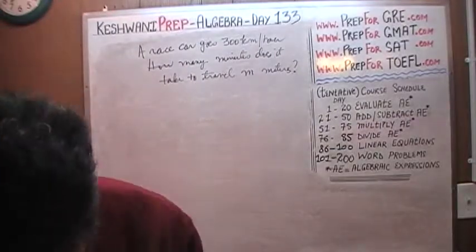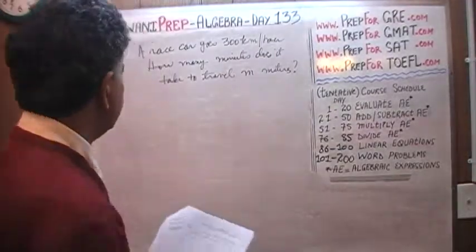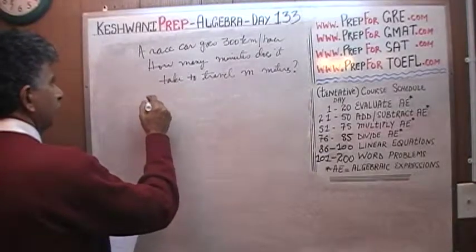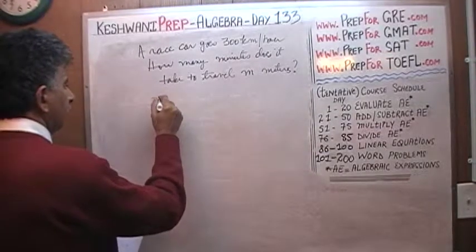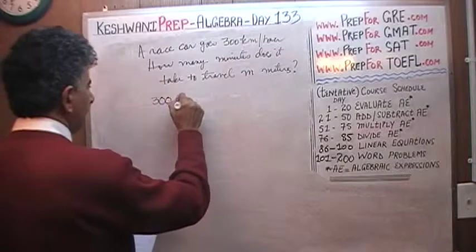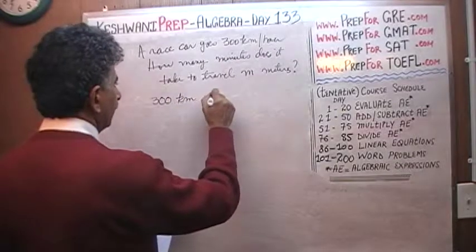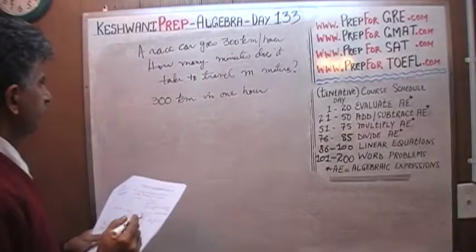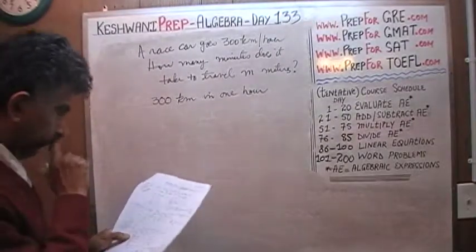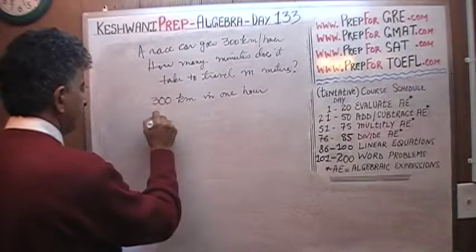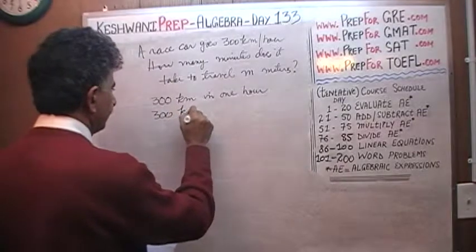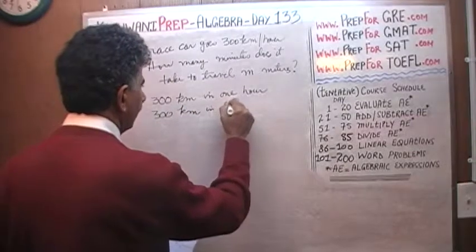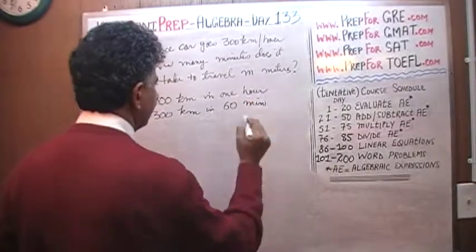So here we go. We are told that it goes 300 kilometers in 1 hour, which is the same as 300 kilometers in 60 minutes.